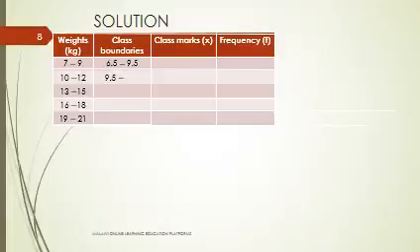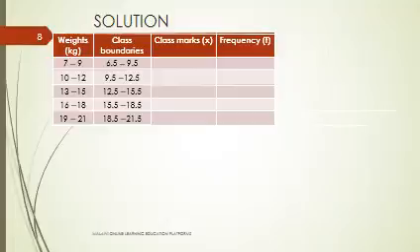Likewise here, the lower limit is 10, you subtract 0.5, you get 9.5, and for the upper limit you add 0.5, you get 12.5. Do the same for the other class intervals.